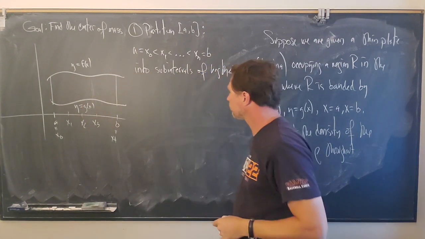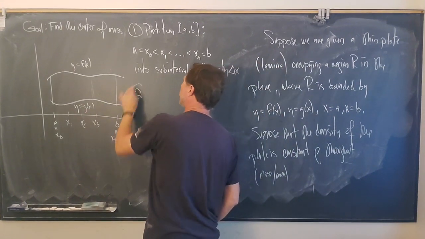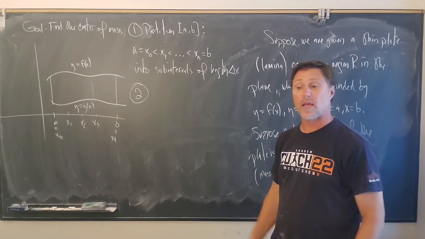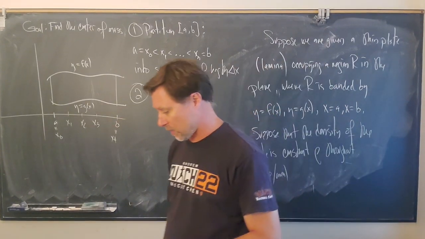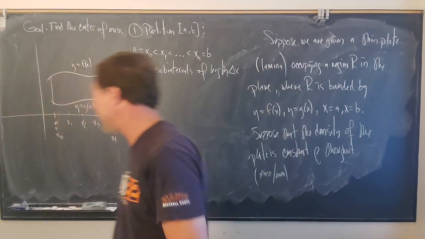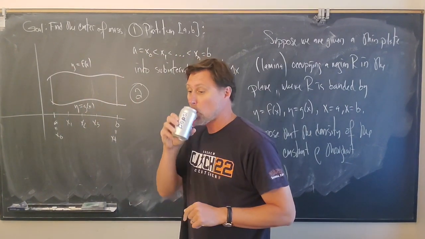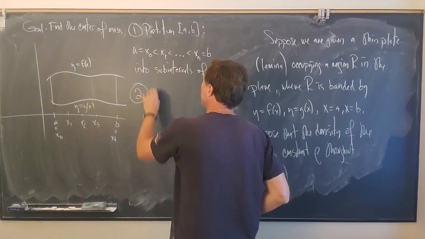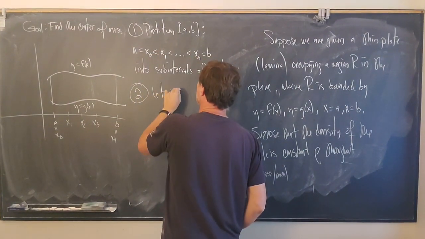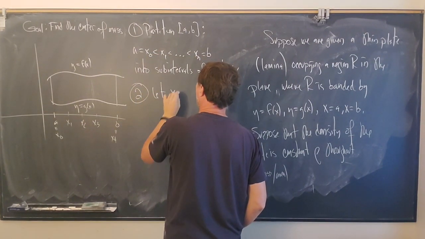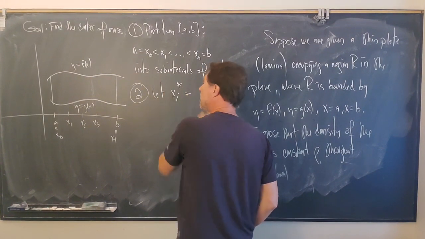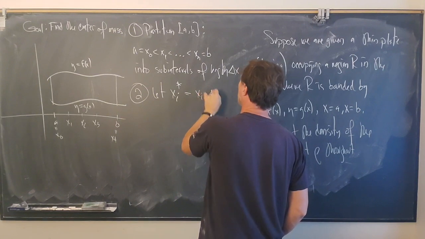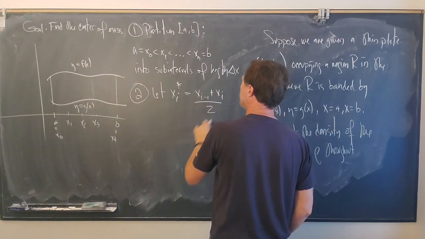Second step, now if you remember, our next step is always to choose a point in each of those subintervals. Sometimes we choose the points at random, but if we need to be specific, we can. In this case, I want to choose midpoints. So let's let x sub i star be the midpoint. So that's going to be x sub i minus 1 plus x sub i divided by 2.